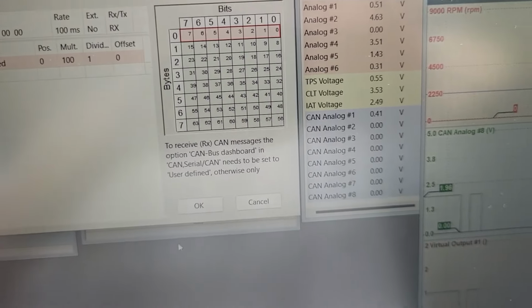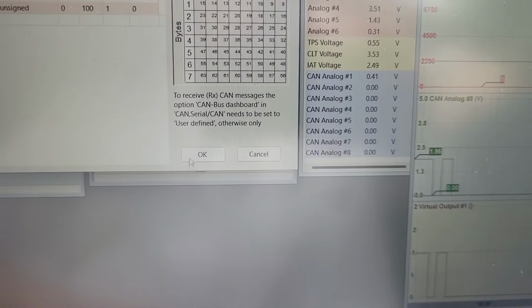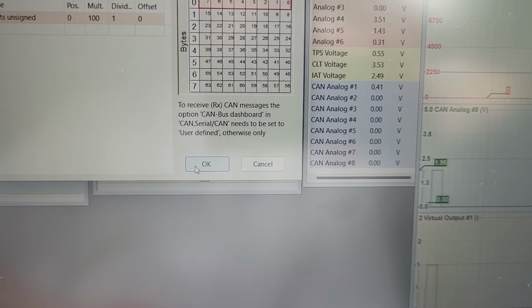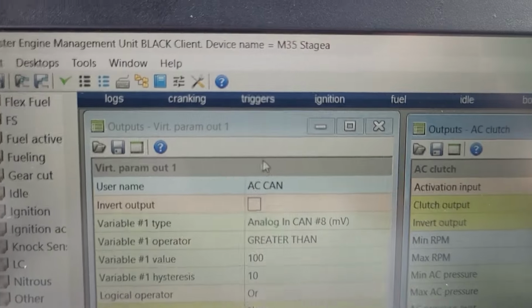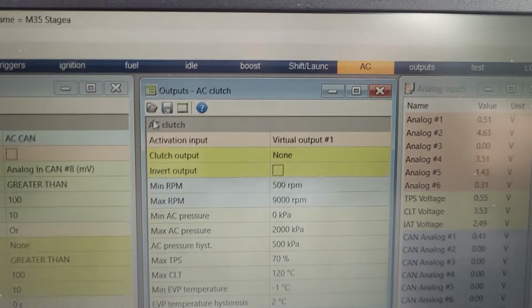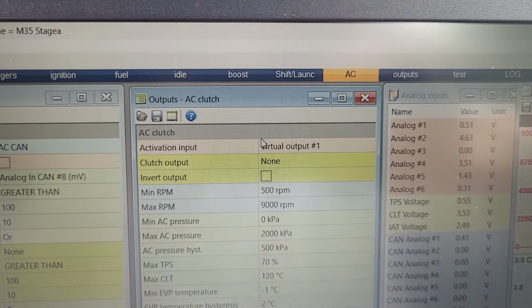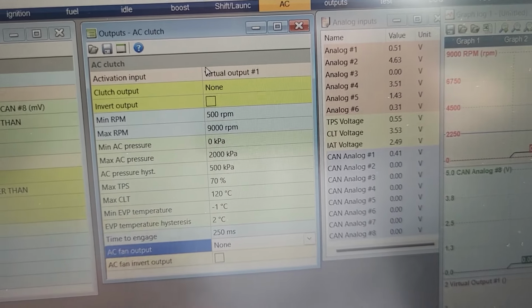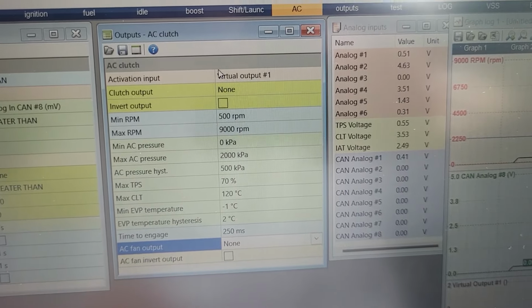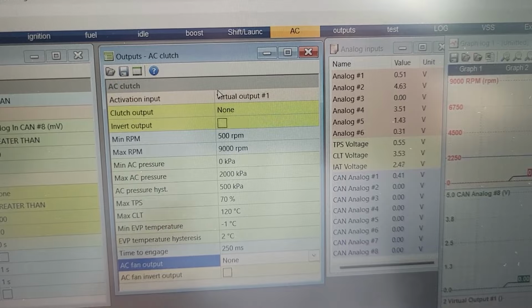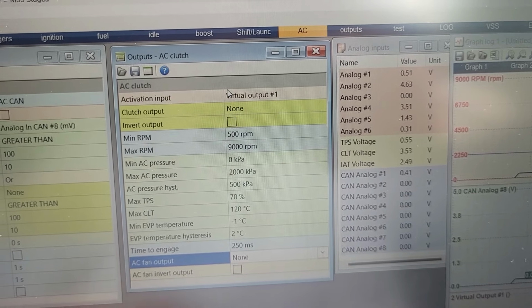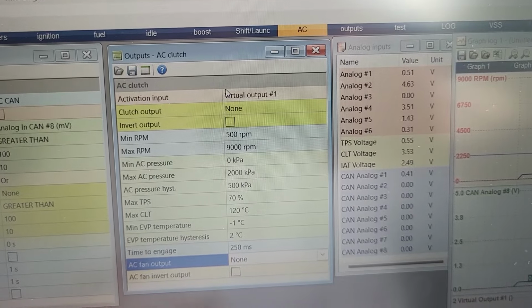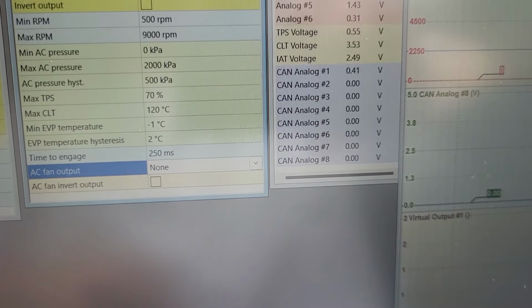Now I then plugged that into the AC settings, in the activation input, but it didn't seem to be enough of a voltage change for that. When I had this working before, it worked with a real 12-volt signal on a real analog. That change there wasn't enough.